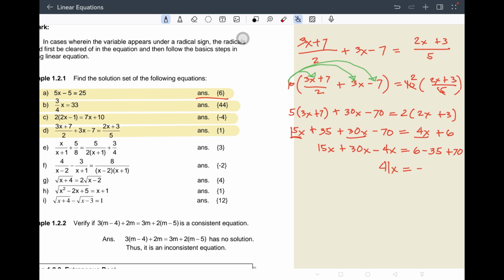So this is also 41. Divide the left side by the numerical coefficient 41. Divide also the right side by 41. On the left side, 41 will be cancelled. X is equal to 1.